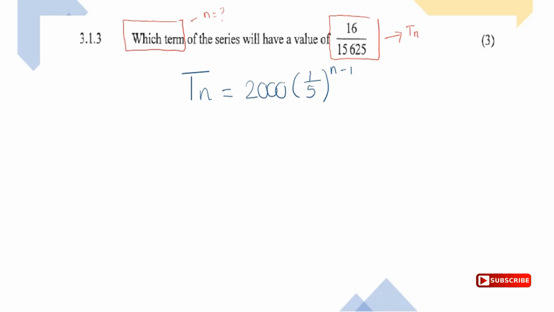So you're going to have 16 over 15,625, which is equal to 2000 times (1 over 5) to the power of n minus 1.